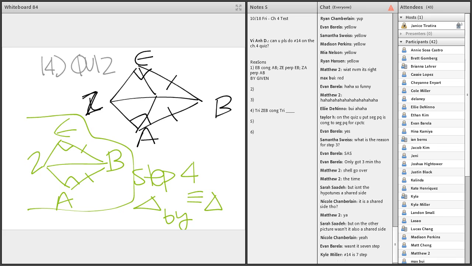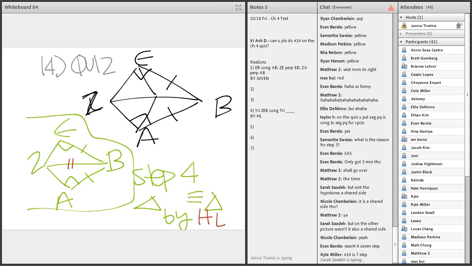By looking at this picture, I just need to put that shared side, and I have to decide now before I start writing that this is going to be HL. Oh, this is 6, 7 steps. No wonder I keep getting thrown off. Thanks, Kyle. So then I have hypotenuse leg in this situation.